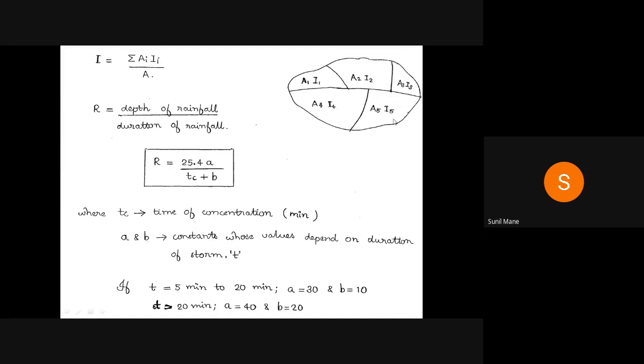Those details we are going to get, and after getting them, we take a summation of areas into summation of intensities, divided by area. So we are going to get the area which is the impermeability area. Total area which has been available and area which has been covered. Those things we can go for, and we can go for calculation of R.